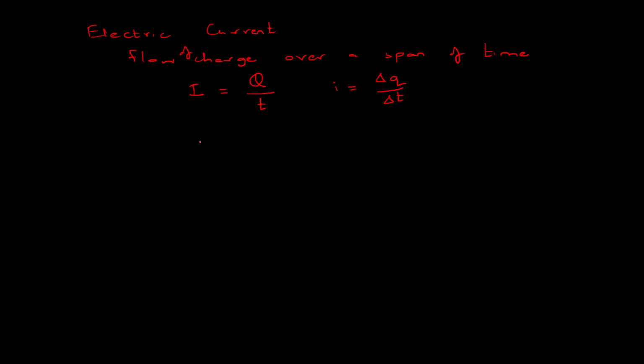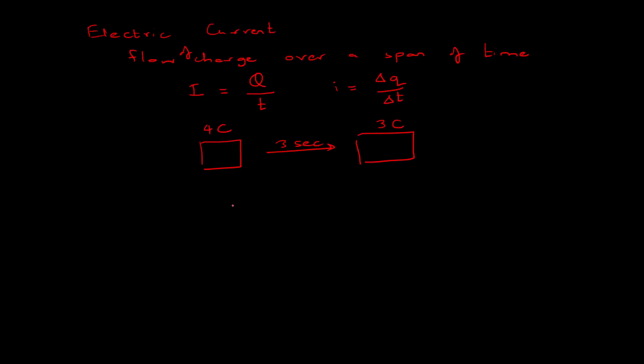For example, if we have a body that has 4 coulombs, and after 3 seconds the same body has 3 coulombs, then there is a change in charge, right? There's a flow of charge, so there was a current flowing.